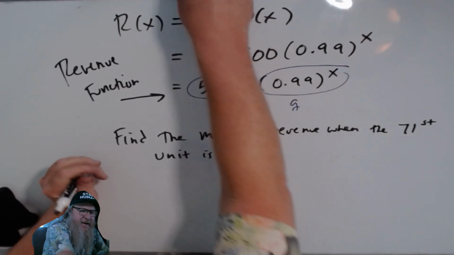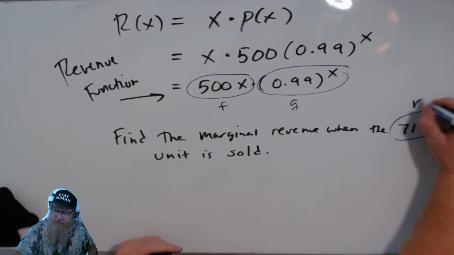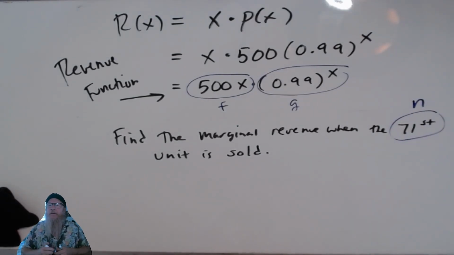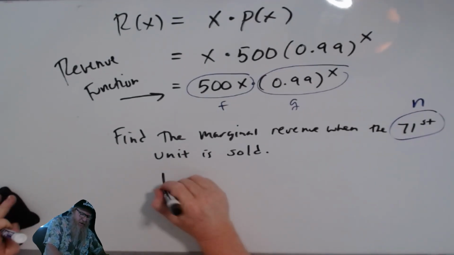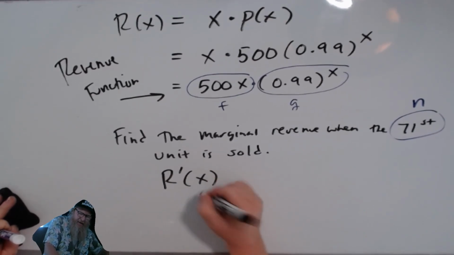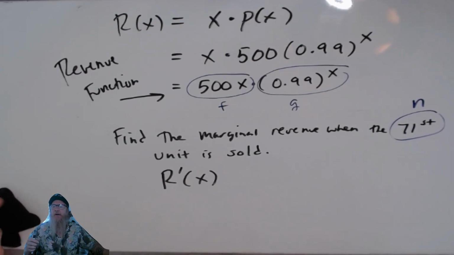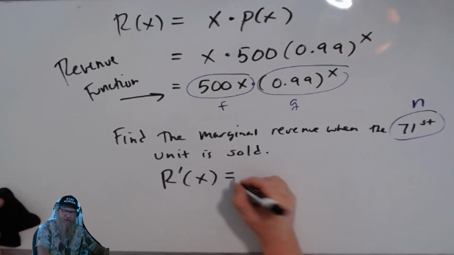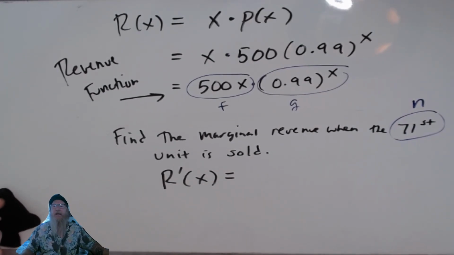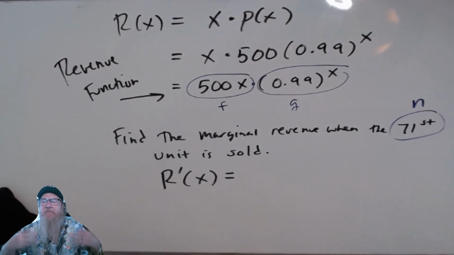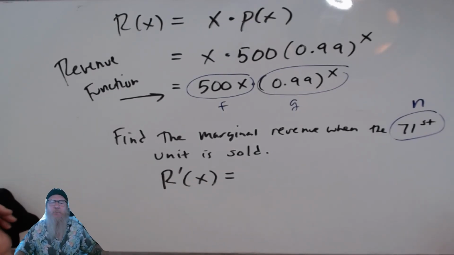So this is our n. We want R prime of x. First, we're going to keep it as an x, and then we'll plug in a number in a minute, and I'll explain what number we want to pick. R prime is our marginal revenue. It's telling us at what rate the revenue is changing.